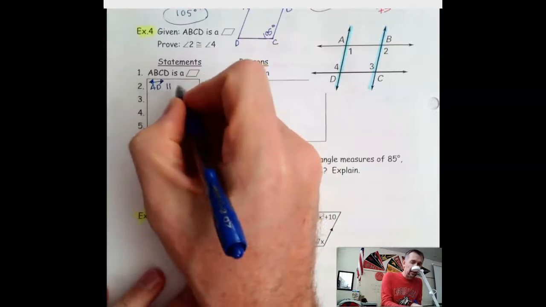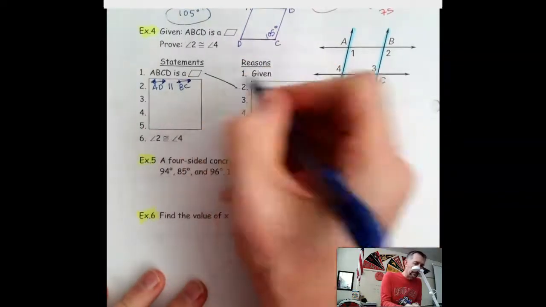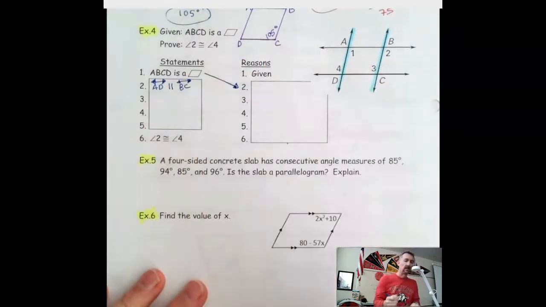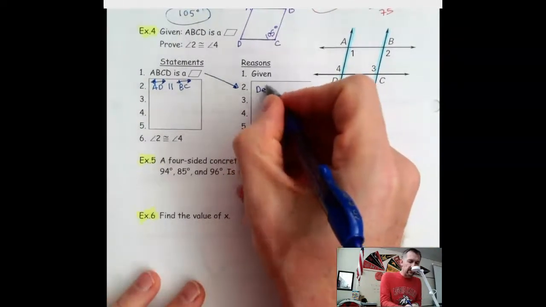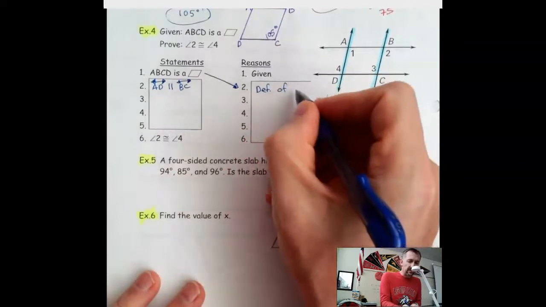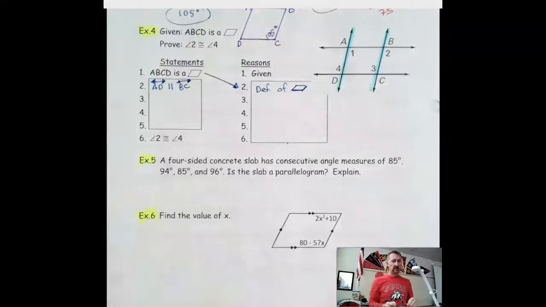AD is parallel to BC. And think about, how did we know that? Because that's a parallelogram. So that's the definition of a parallelogram, is opposite sides are parallel. Definition of a parallelogram.